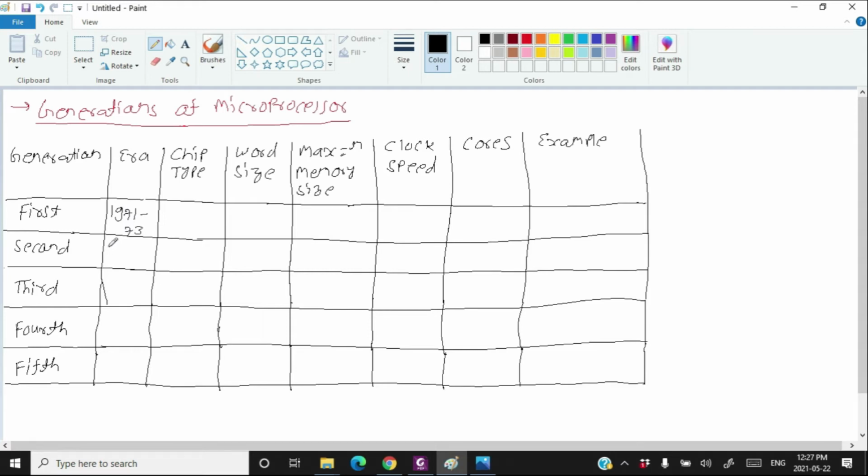The era of the second generation was from 1974 to 78. The era of the third generation was from 1979 to 80. The era of the fourth generation was from 1981 to 95. The era of the fifth generation was from 1995 till date. So these were the eras of various generations.